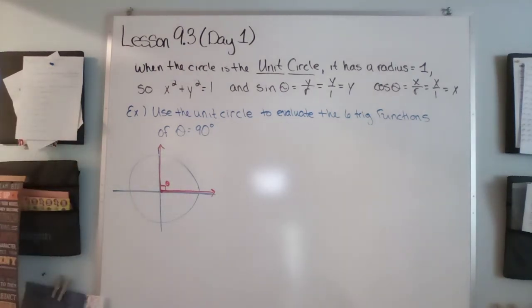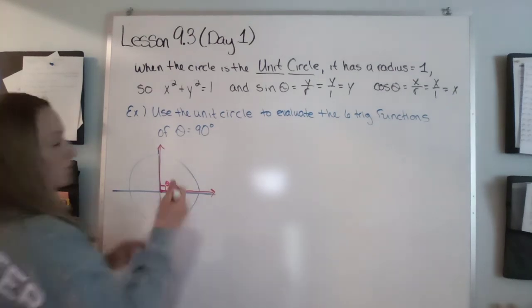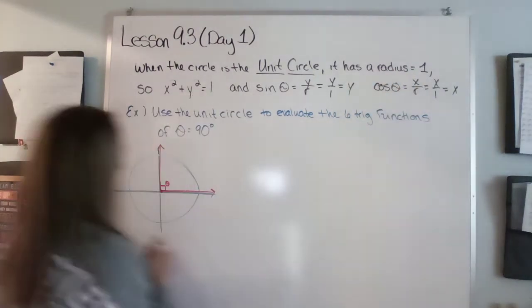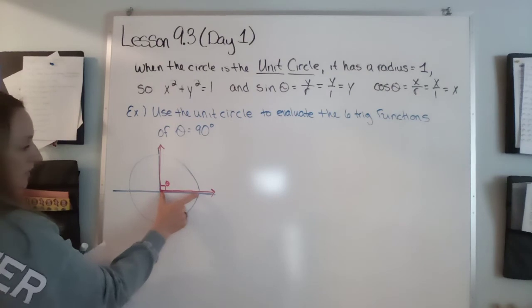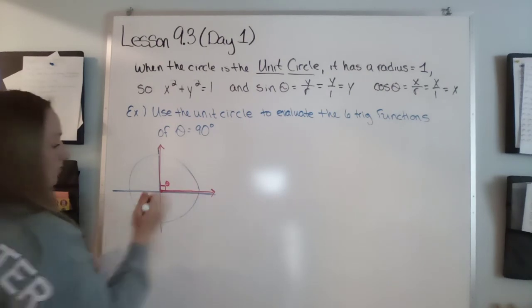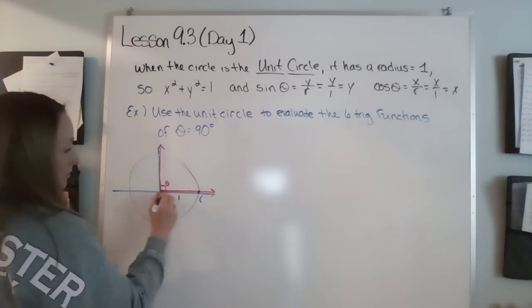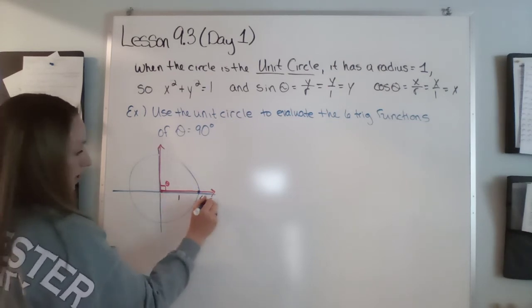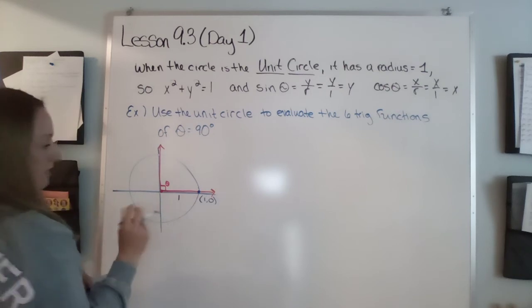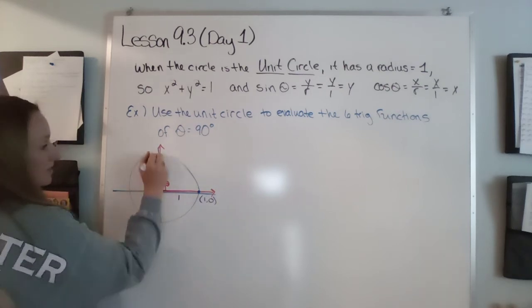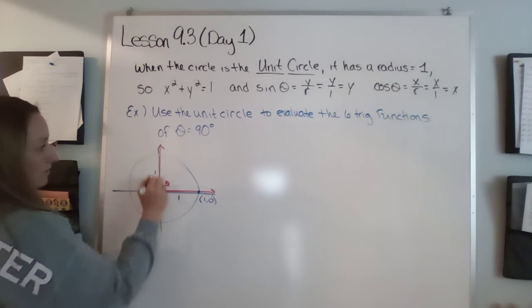All right. Now, if we're in the unit circle and we know that the radius is equal to 1, well, this right here is a radius of the circle. It has a length of 1. And the coordinate of this point, if I plot a point right there, I would be moving over 1 unit and up no units because I'm staying on the positive x. And this also, the radius is 1, right?